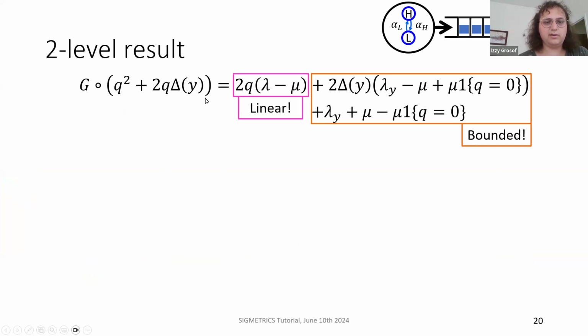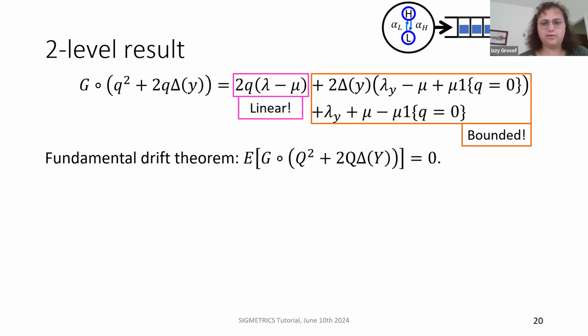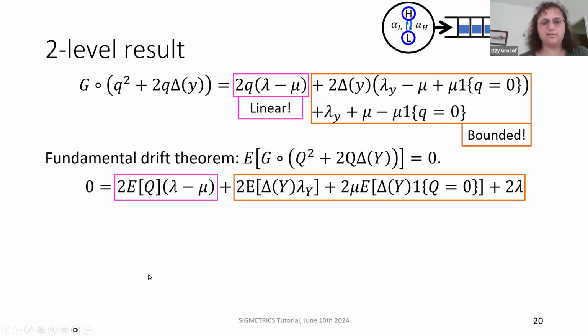So we've got our drift function. Now let's apply our key theorem, which says that in stationarity, this drift is going to be 0. So we take this and look at it in stationarity and say it's 0. And that tells us the following. We've got our linear term, which has become a mean Q length term. We've got a bounded term, which has a couple different pieces.